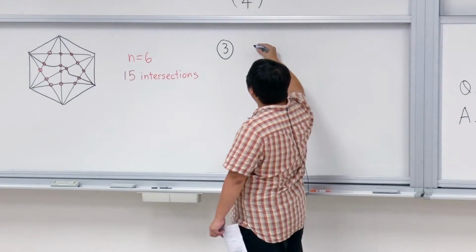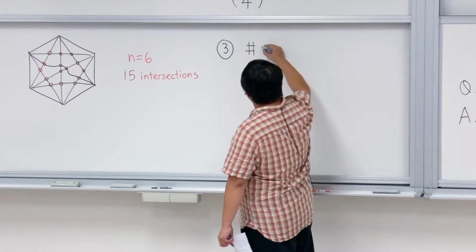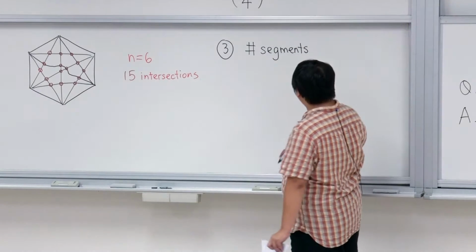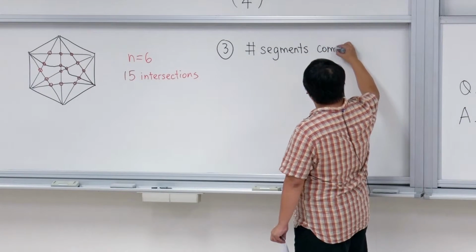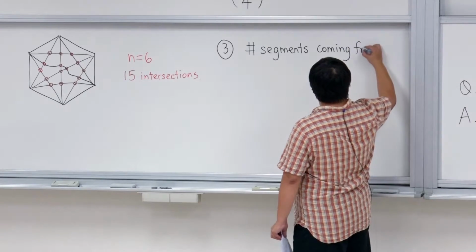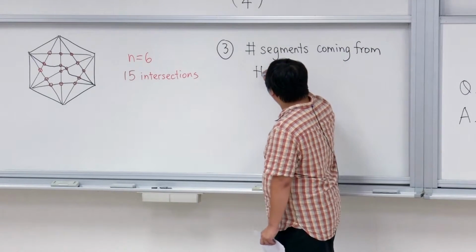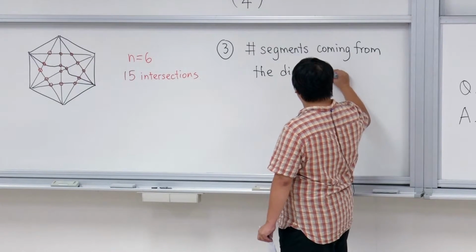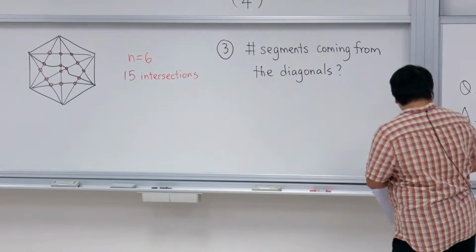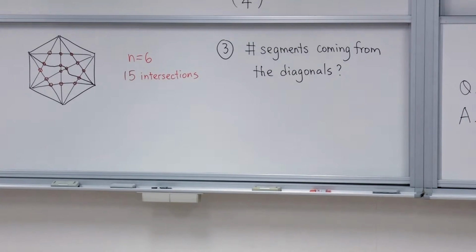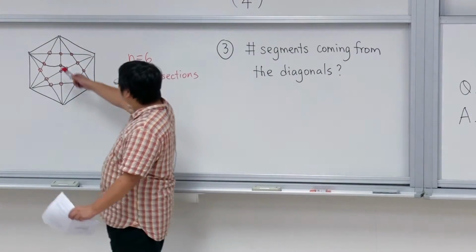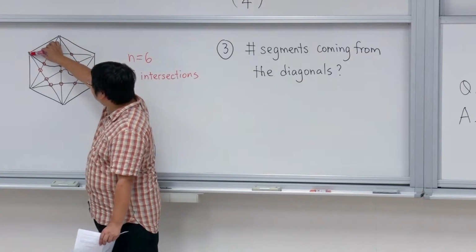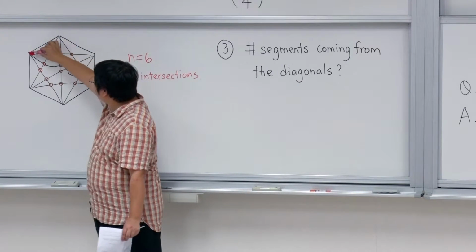The third one is the number of segments coming from the diagonals. What I mean is that we have intersections by the diagonals, and each intersection cuts the original diagonal into different segments.